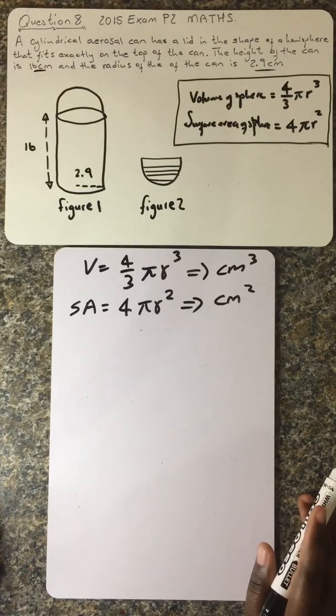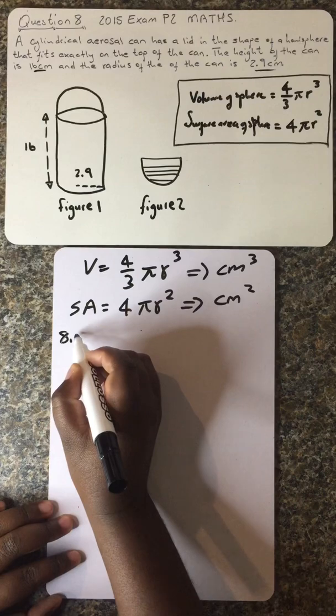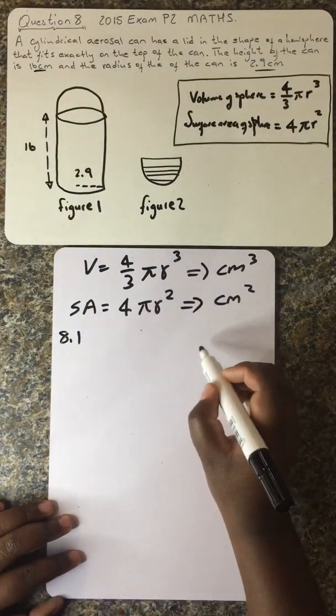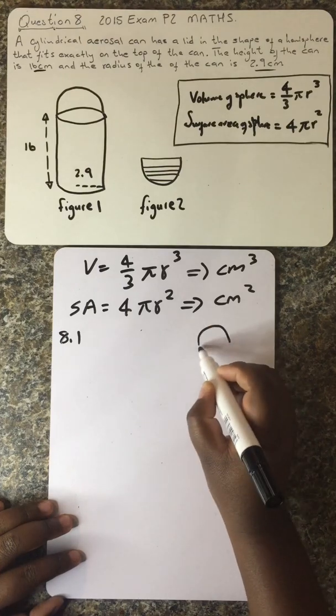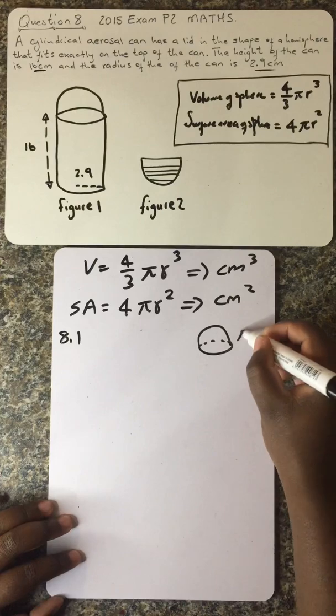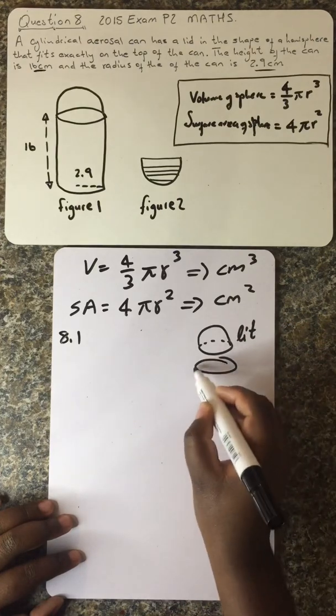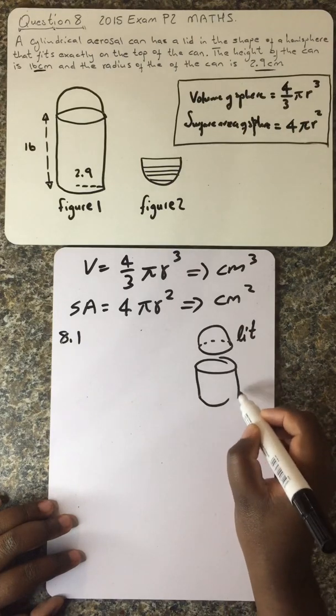Remember this is question 8, it should be 8.1. So now that means you must calculate the surface area of the lid plus the surface area of that can.